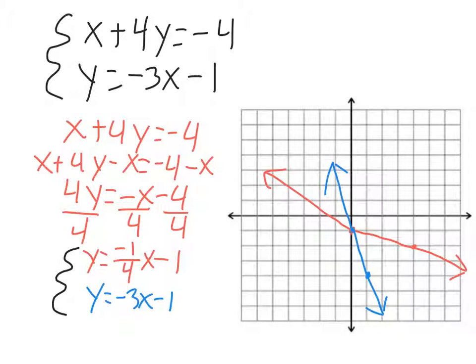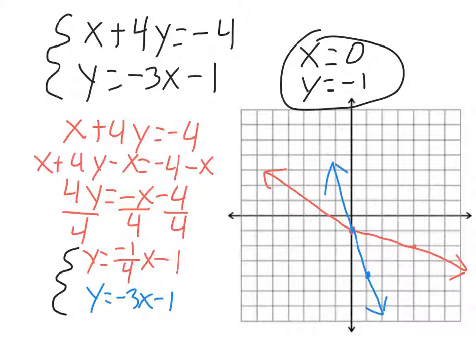So since both lines intersect at the y-intercept right here, we need an x and a y. Our x will be 0, and our y will be -1. So x equals 0, y equals -1. And that's because this is the point 0, -1.